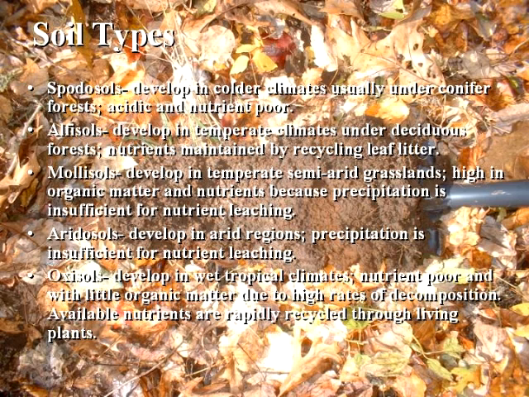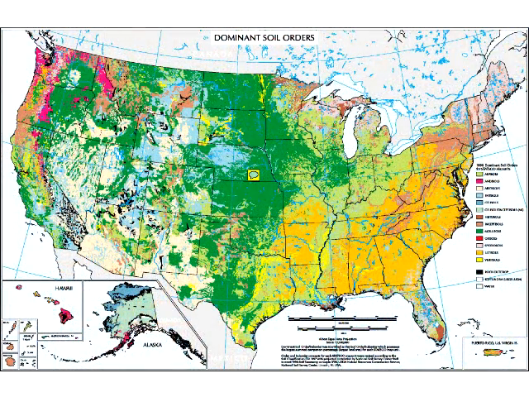So let's look at a map of this. So here's the United States and a map prepared by the U.S. Soil Conservation Service, Natural Resource Conservation Service now, in which the major soil groupings, which are called soil orders, by the way, are illustrated.